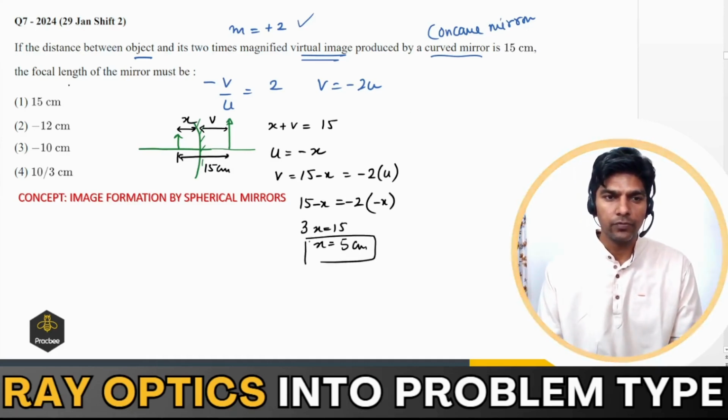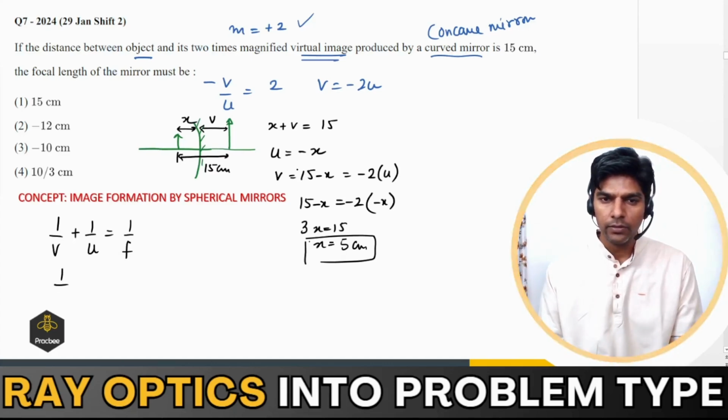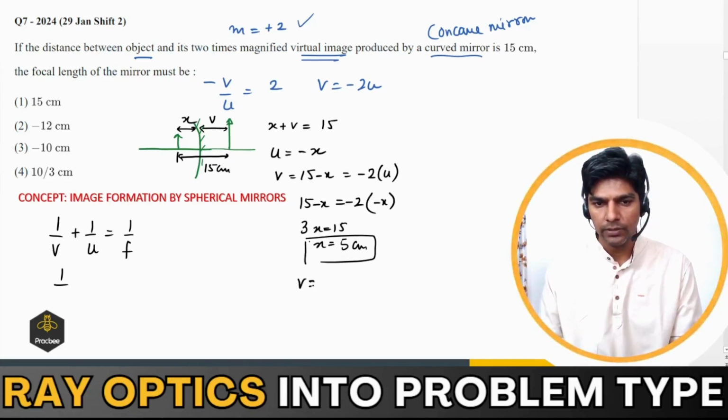And we have to find the focal length, right? So let us apply the mirror formula. 1 by v plus 1 by u is equal to 1 by f. In this case v will be 15 minus x, so it will be 10 centimeters.